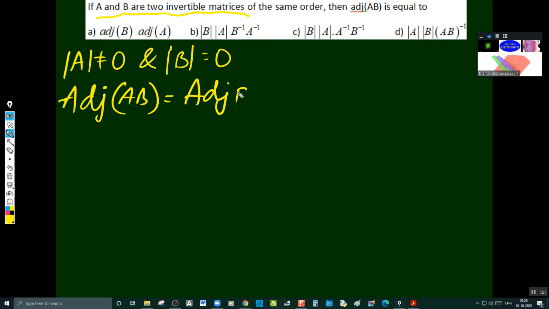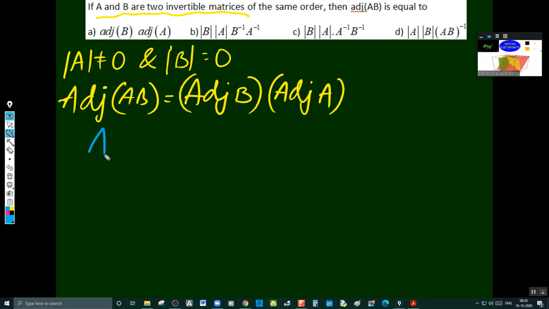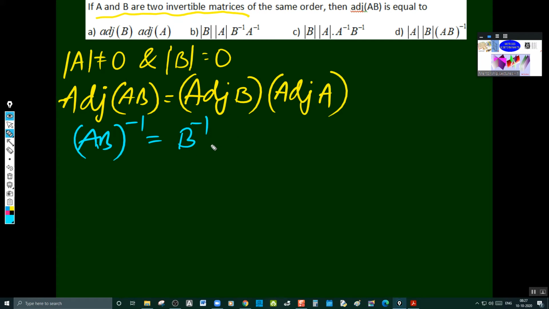That is adjoint of B into adjoint of A. Similarly, I'd like to remind you of another result, AB whole inverse is B inverse into A inverse. Let us check. AB whole inverse is equal to B inverse A inverse.